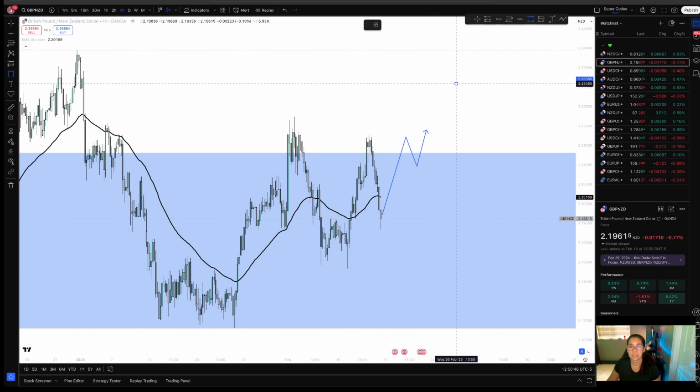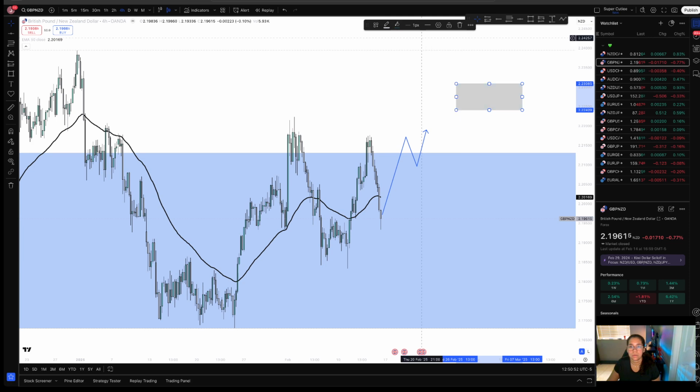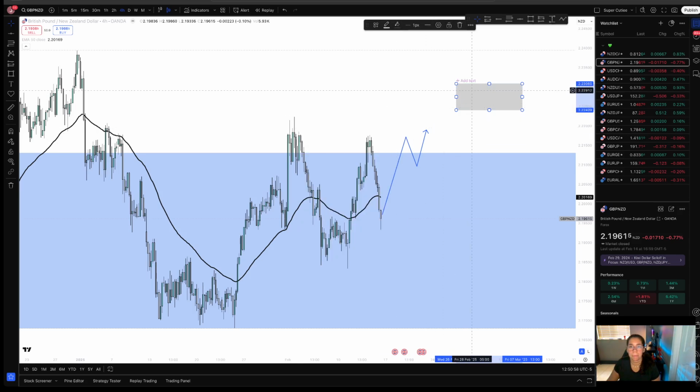So let's make a little text box, in this gray, and add text to it. Wait for body close.